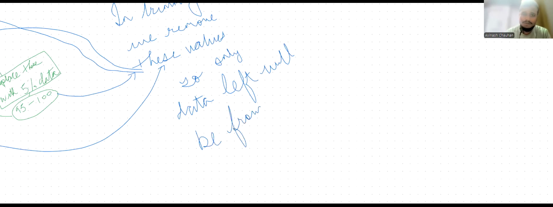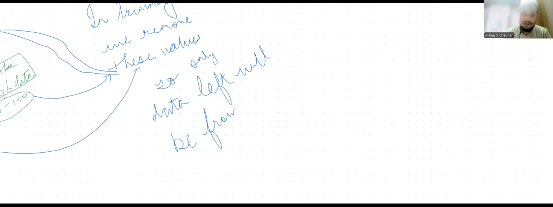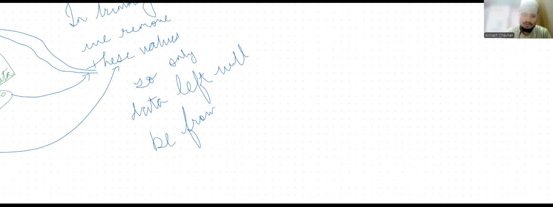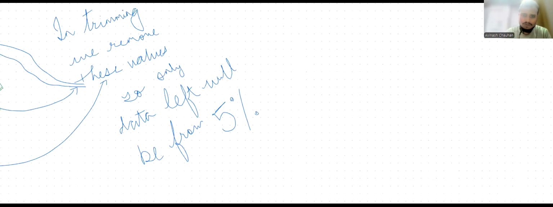What will be the only data left? Yes, you are right. From 5% to 95%. The rest of the data we have trimmed, we have removed it, if there are outliers. So I hope you have understood this concept of trimming and winsorization.